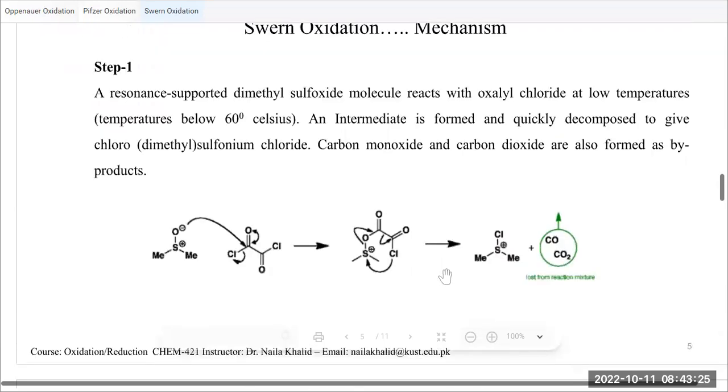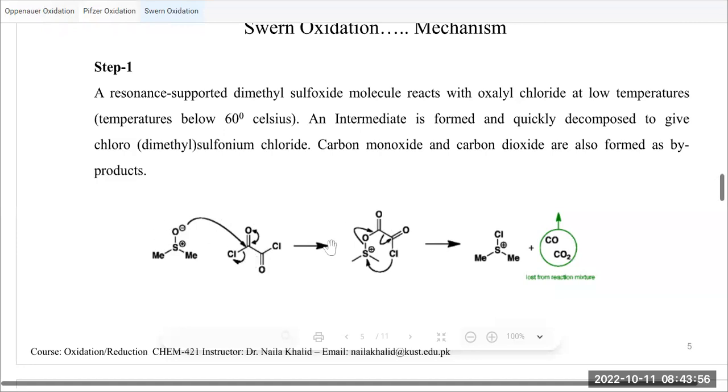Now, the mechanism of Swern oxidation is composed of different steps. The first step includes the reaction of dimethyl sulfoxide, that is DMSO, with oxalyl chloride. And this is the structure of oxalyl chloride. Upon reaction, this will attack over here, and this is open, and then it comes back, and this leaves, a sort of nucleophilic substitution.